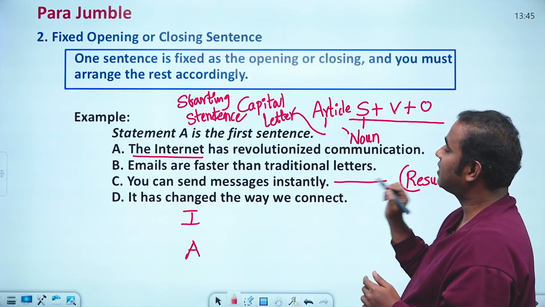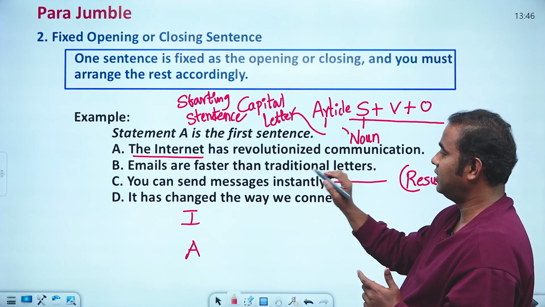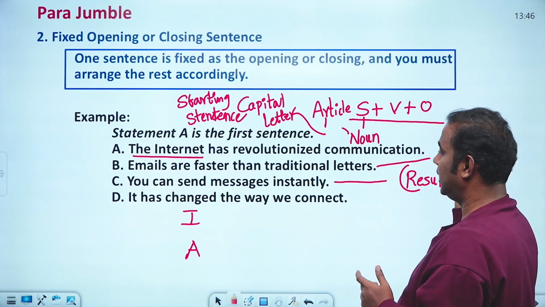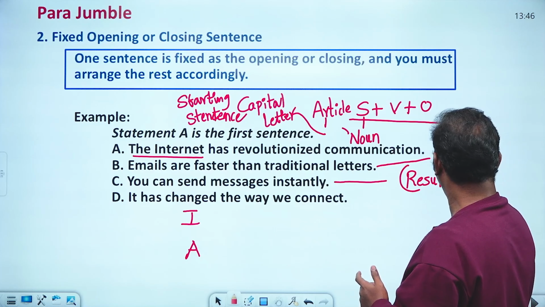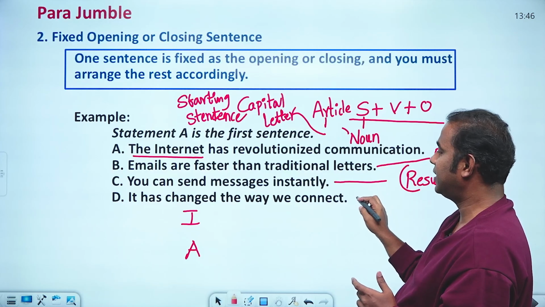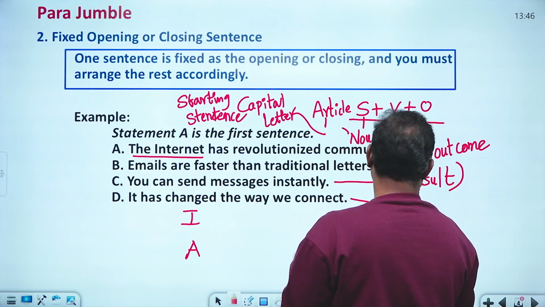Okay, emails are faster than traditional letters. So this is basically the outcome. Then it has changed the way we connect. So this is basically the connection.